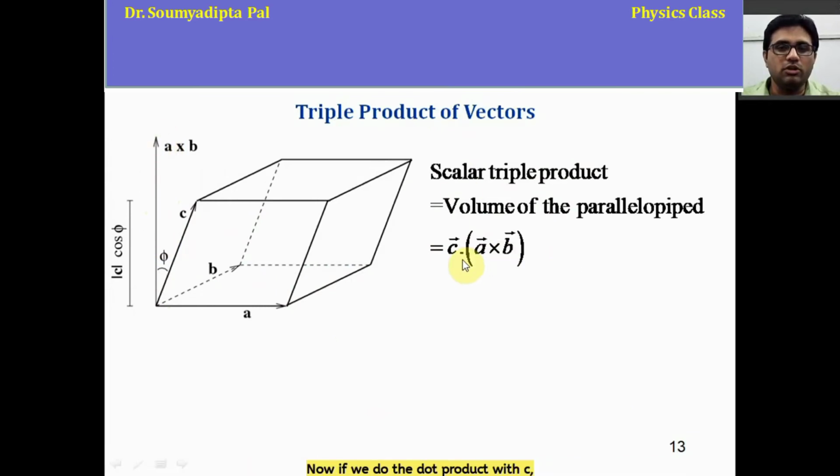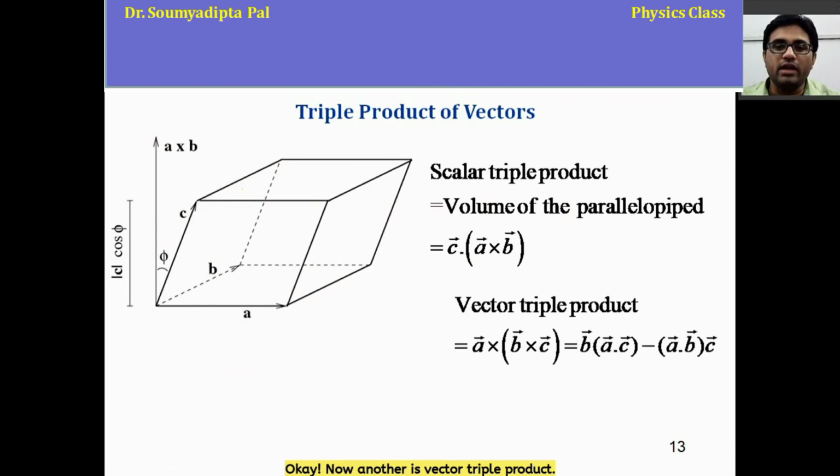Now if we do the dot product with C, we are taking the projection of C along A cross B, and it actually gives us the volume of this parallelepiped. So the scalar triple product will give the volume of the parallelepiped. Another is the vector triple product. That is like this, and if we do the calculation, we can get this form.